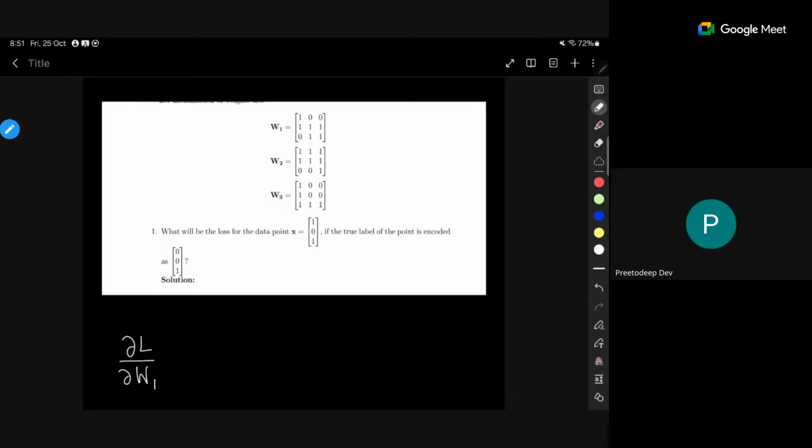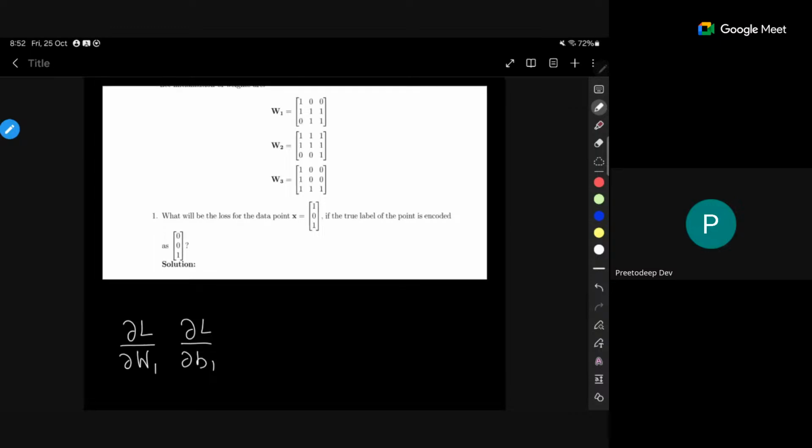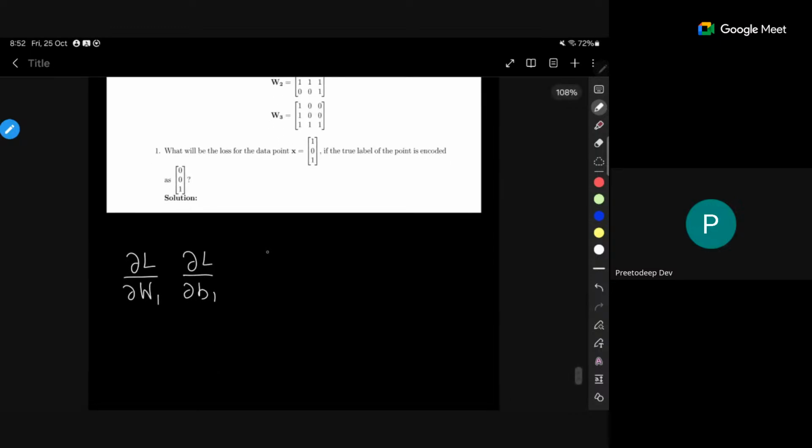Then bias is associated with it, which is in this case not there, but you can consider them having it when you actually do this training, right? Then you wanted to do this ∂L/∂w2, ∂L/∂w3, by ∂p3, right?